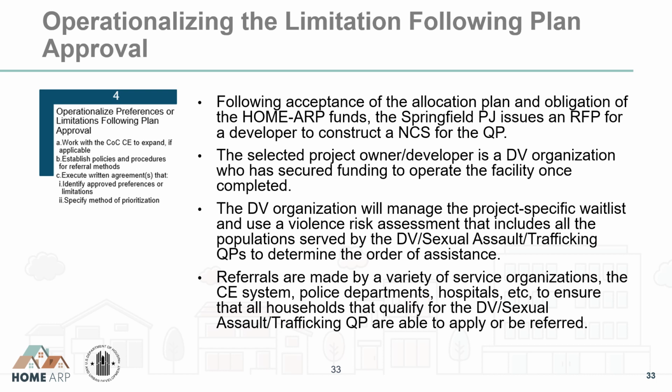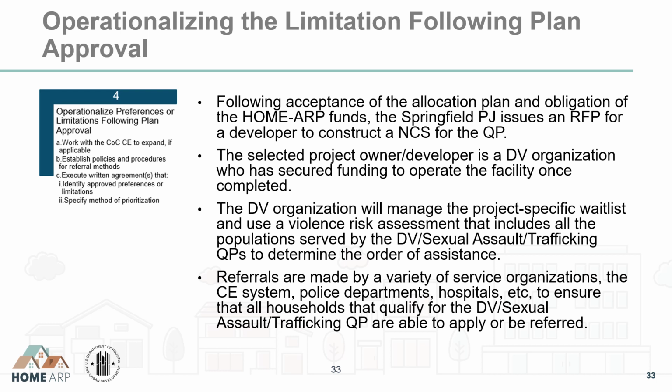Following acceptance of the allocation plan and obligation of the HOME-ARP funds, the Springfield PJ issues an RFP for a developer to construct a non-congregate shelter for the QP. The selected project owner or developer is a DV organization who has secured funding to operate the facility once completed.